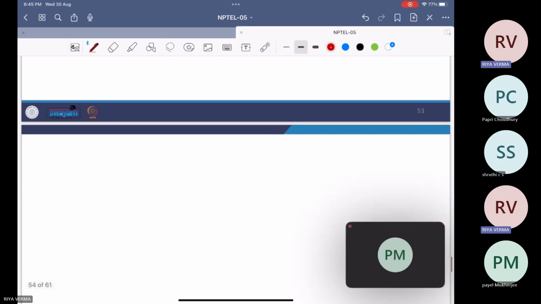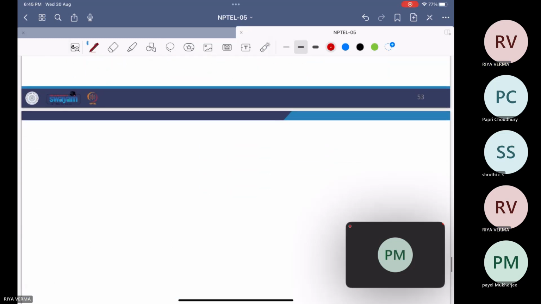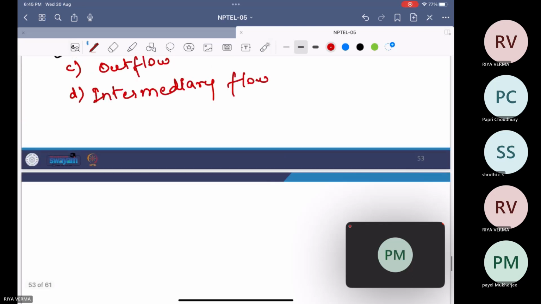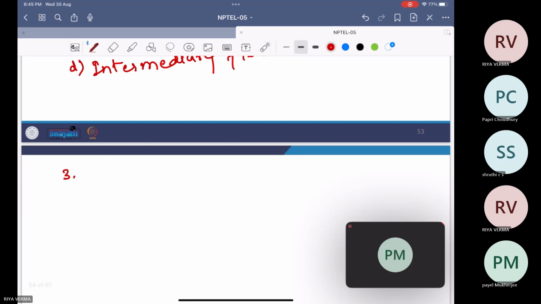Now coming towards the next question, third question. What are the categories? I hope you all have got the material till week 4. I've uploaded all the videos and the PDF on the Google Drive.